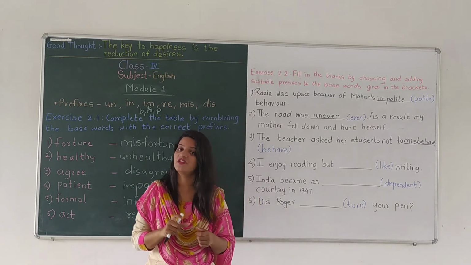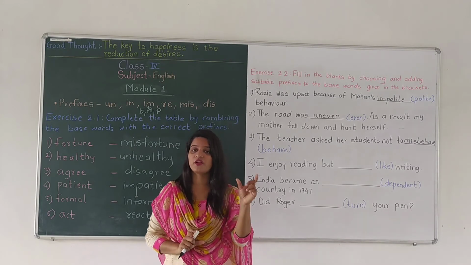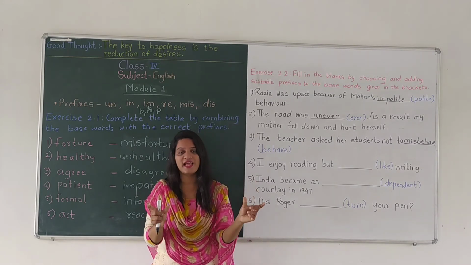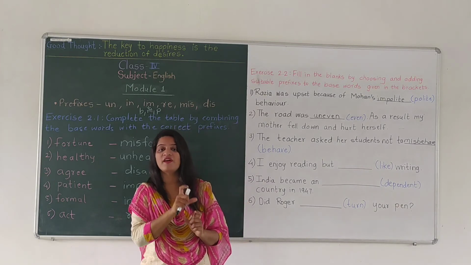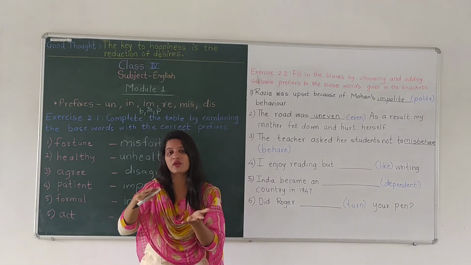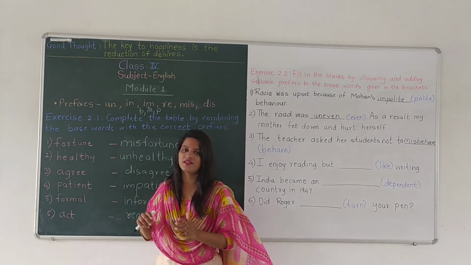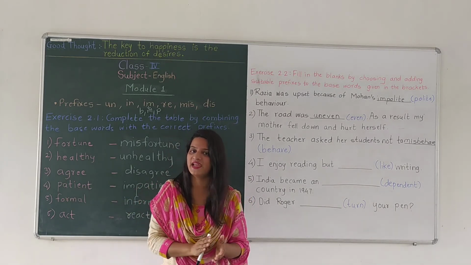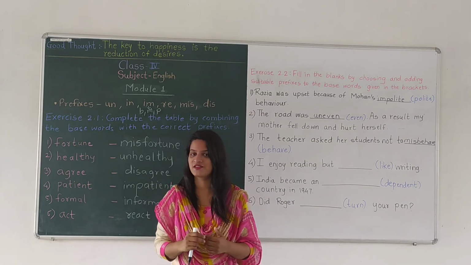Yes, my dear children, we can use the un prefix for the word like: unlike. But in some cases, what happens? What is the meaning of unlike? It means when we are talking about something which is not similar to another. That time we use unlike. The meaning of the word like changes.